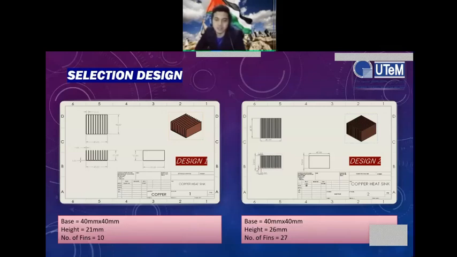For design 2, the base is 40 times 40, the same as design 1. The height is 26 millimeter, and design 2 has 27 fins. I will give to the next presenter.